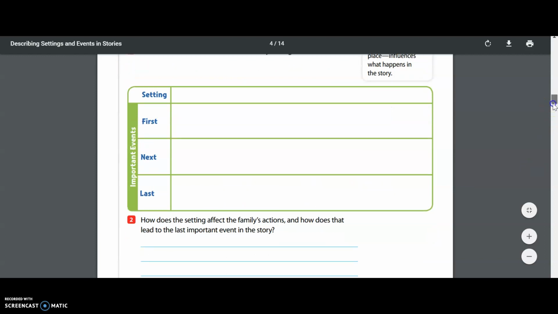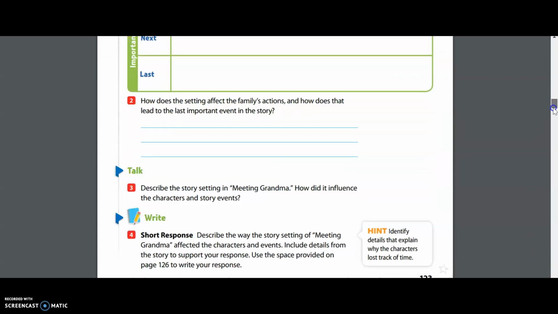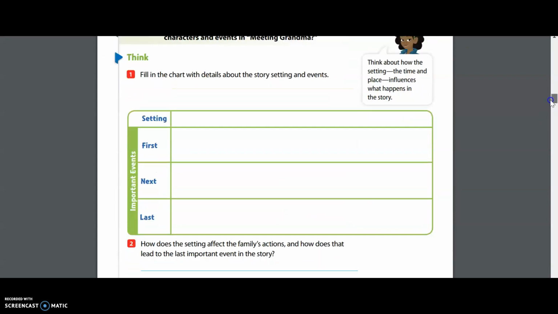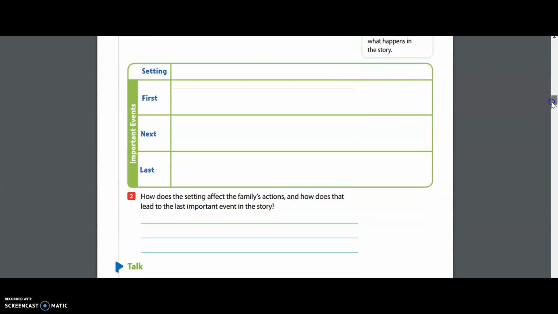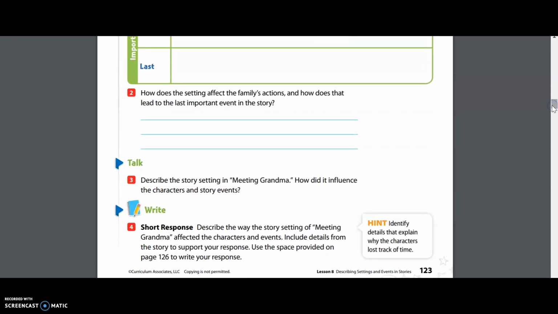There's still some other questions on here, and we're going to finish this whole graphic organizer and this whole page 123 today. So after you finish this box up here with the setting, first, next, and last, go down to question 2. It says, how does the setting affect the family's actions? And how does that lead to the last important event in the story?